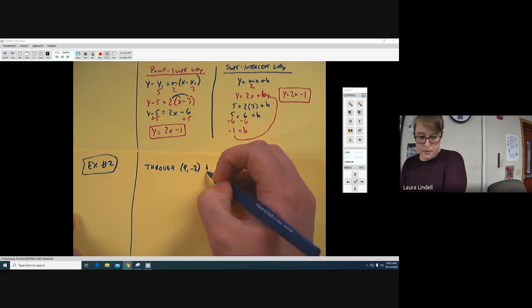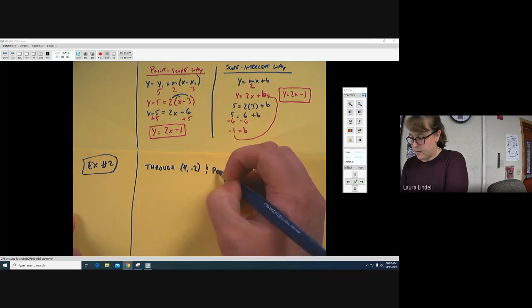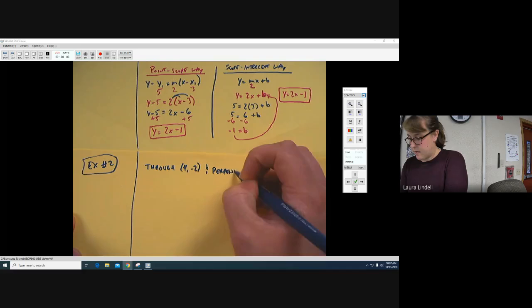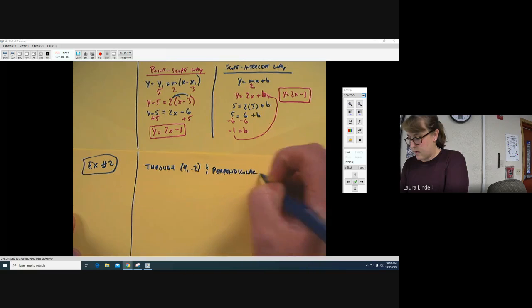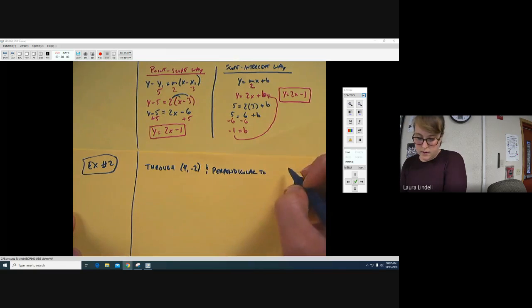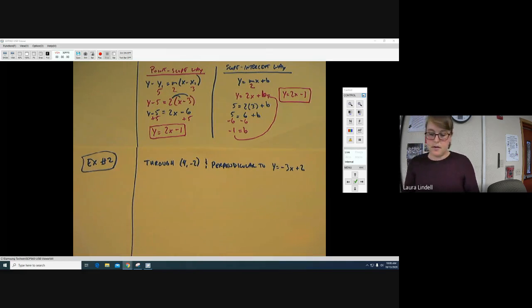And this time we're going to be perpendicular to y equals negative 3x plus 2.